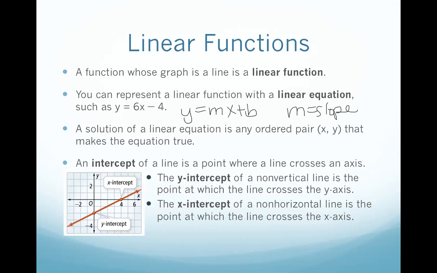Intercept means that two things are crossing. And so when a line crosses one of our axes, it's called an intercept. If it's crossing our x-axis, it's an x-intercept. If it's crossing the y-axis, it's a y-intercept. So our line crossing the axes, those are our intercepts.